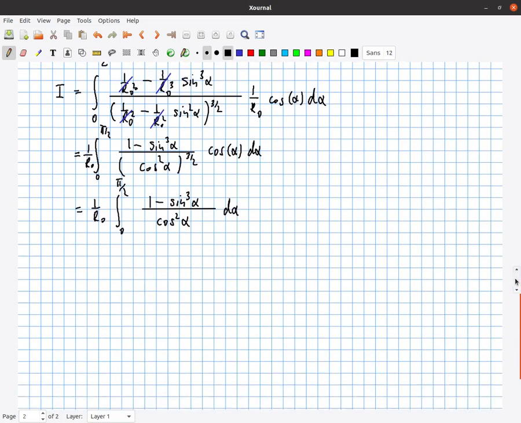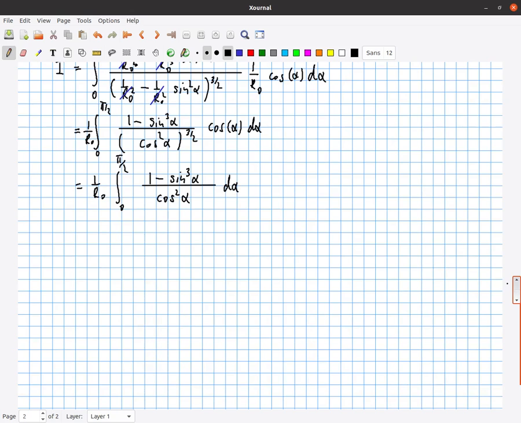The most efficient way when you see an integral of this type is next to use the tangent half angle substitution, t equals tan alpha over 2. This will rationalize the integrand to get you a rational function. If you do this, you will arrive at the following integral, so please do check this.